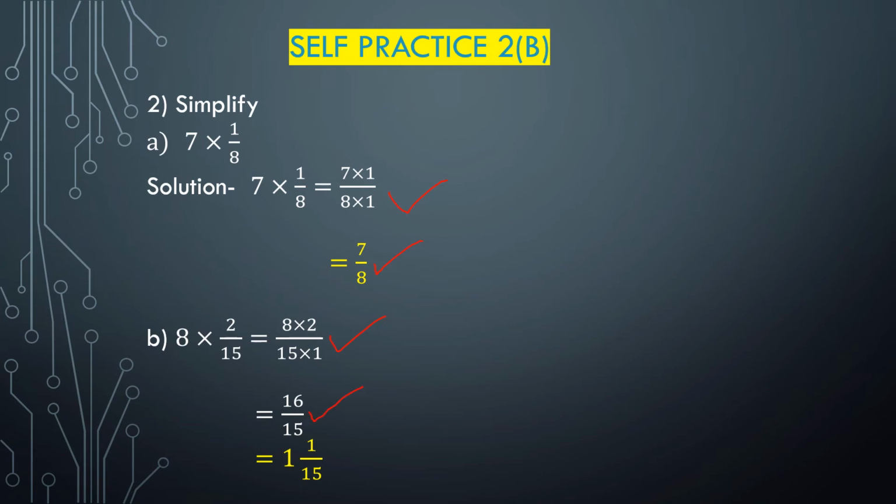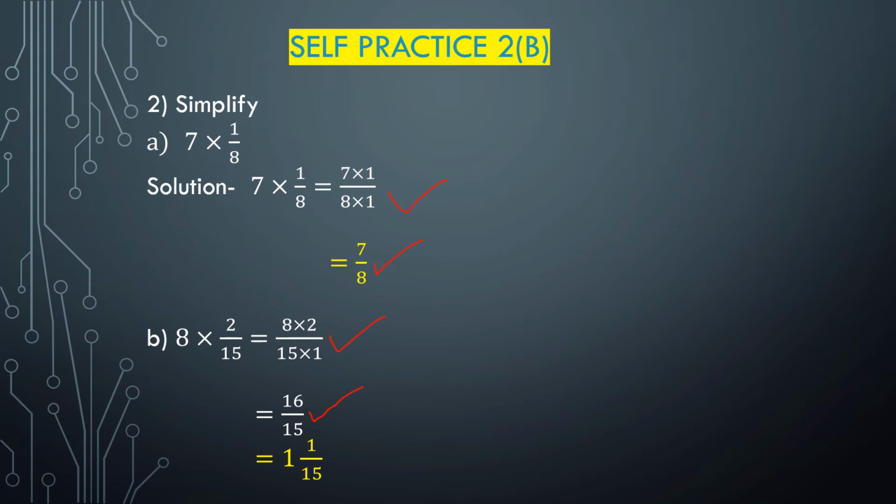This is an improper fraction as numerator is more than the denominator, so we have to convert this improper fraction into a mixed fraction. Mixed fraction is quotient, remainder divided by divisor. Here 16 is the dividend and 15 is the divisor. We divide 16 by 15.